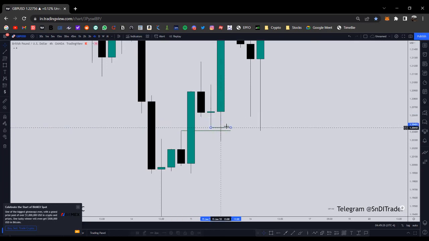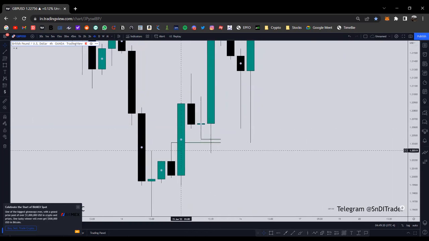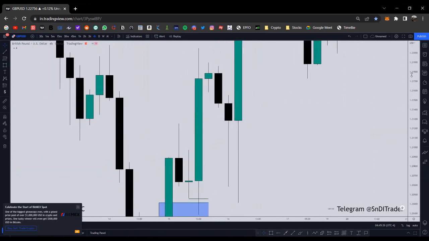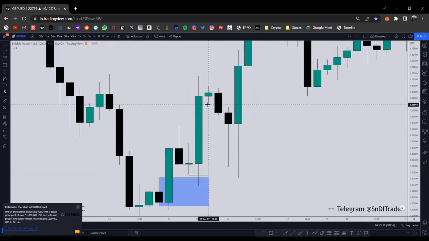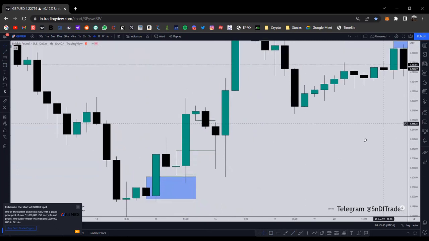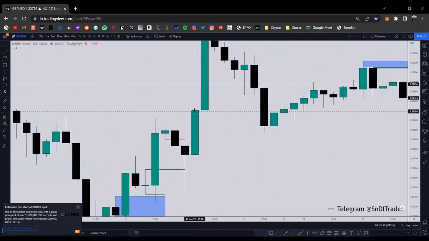So we had another fair value gap left in here. So it just filled, mitigated this bullish order block and gone upside. Okay, and it made another fair value gap from here to here, and again filled the fair value gap and gone upside.